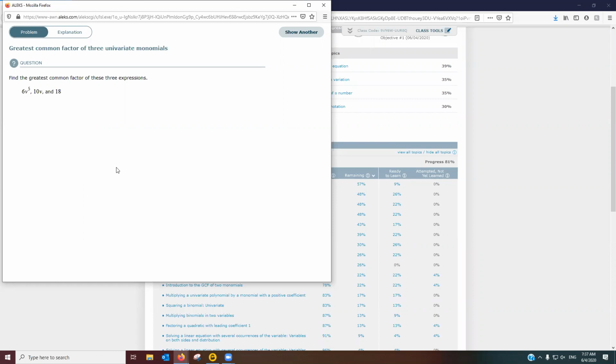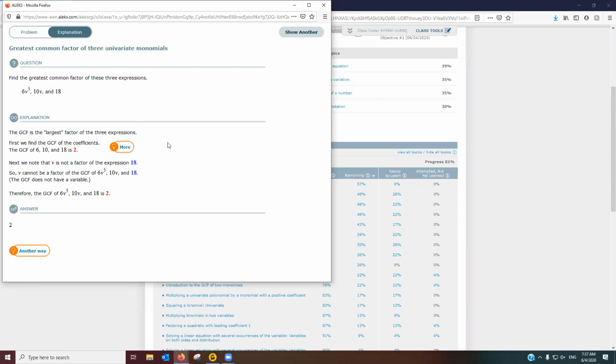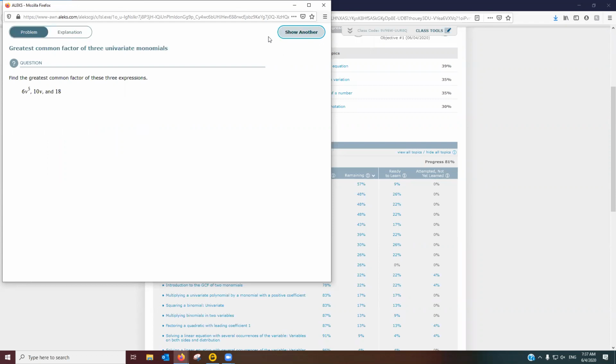All right, well, what I want to try to do on this one is look at, I'm going to actually do another example. And I'm going to make up my own example for a second, then I'll come back to this one. I was looking for an example that had a variable as part of the greatest common factor, but I'm going to make up my own example.